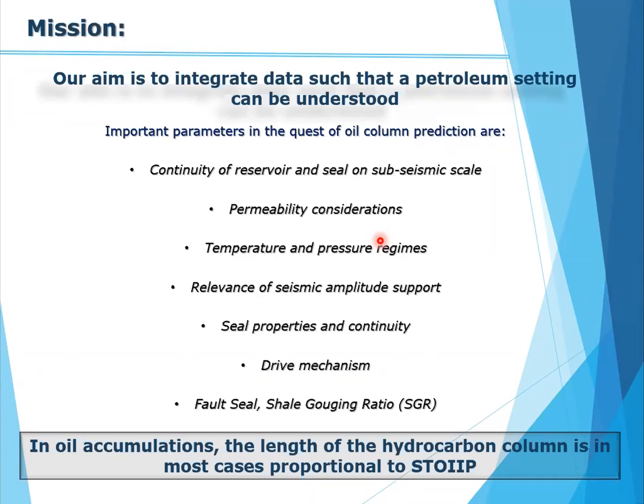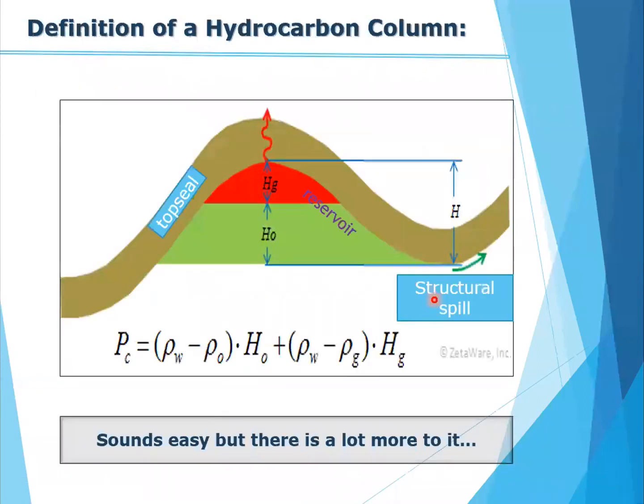And of course, as we know, in any oil or gas accumulation, the length of the hydrocarbon column is mostly proportional to the oil or gas in place. Next one. Here, in a very simplistic way, a typical structure is described.